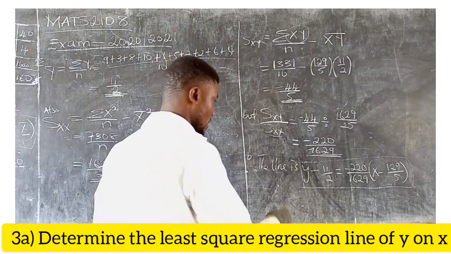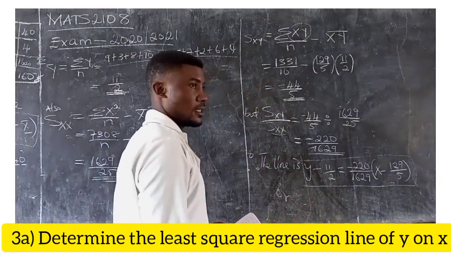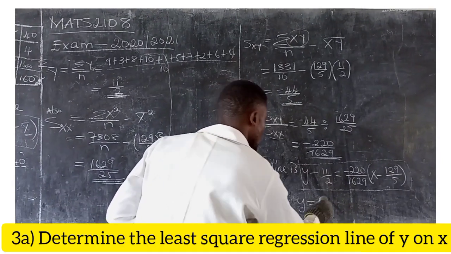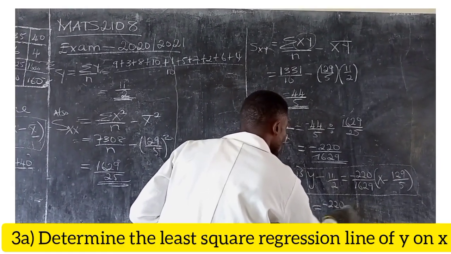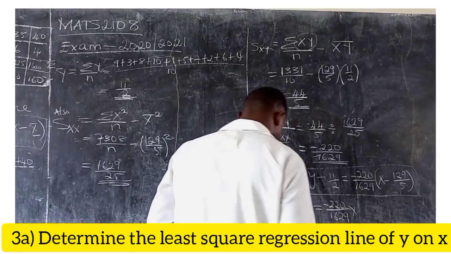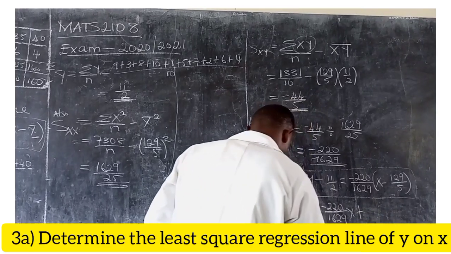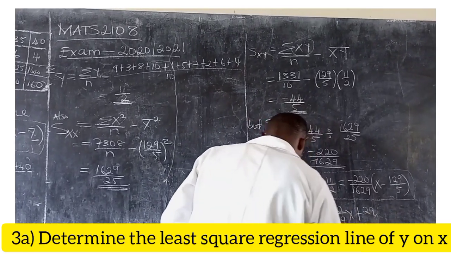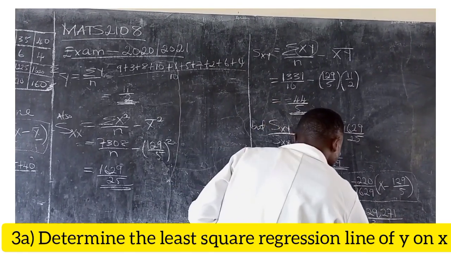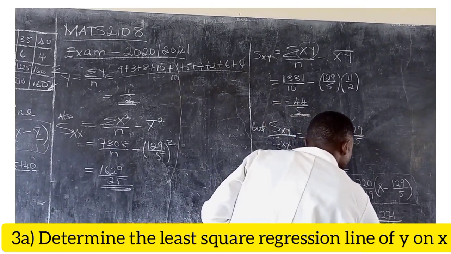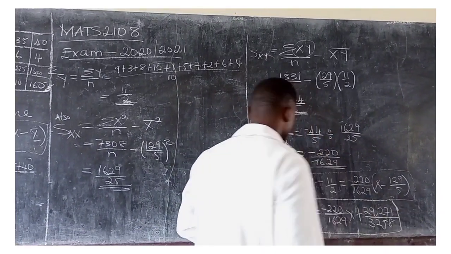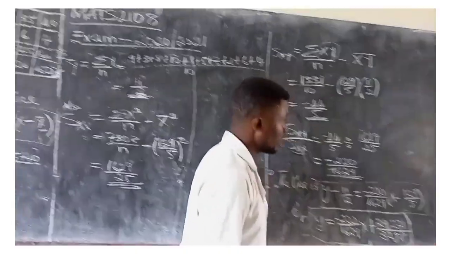But if we like, we can put it in gradient intercept form as y is equal to -220 on 1629x plus 29,271 divided by 3258. So that is our regression line.